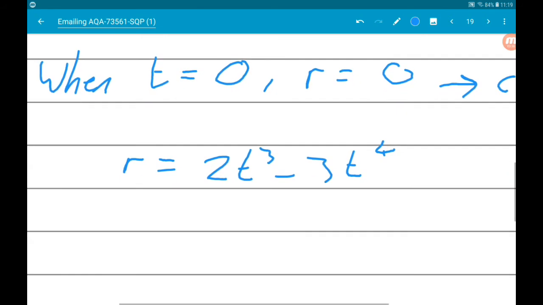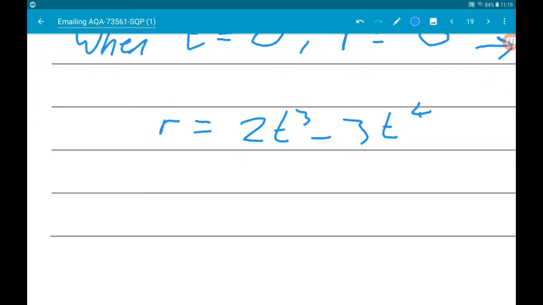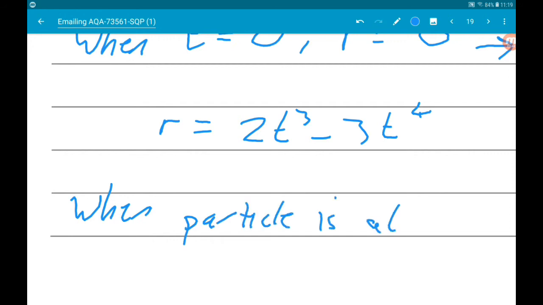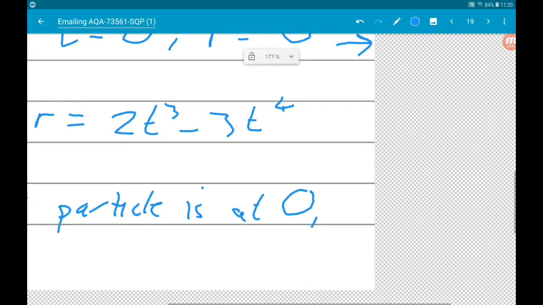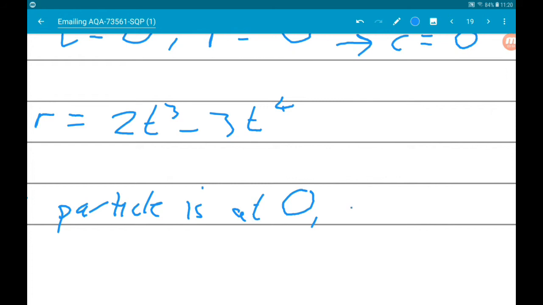Now, when the particle is at the origin, r is equal to 0.